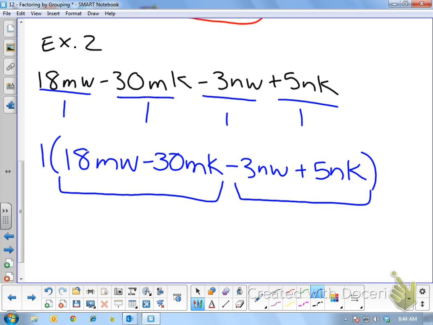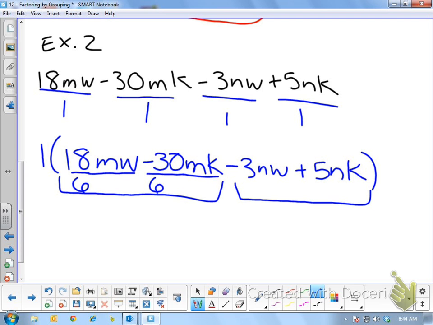So within each group, we're looking at 18 and 30. What divides into both 18 and 30? 6. We could have thought 3, we could have thought 2, and both of those work. But we want the greatest common factor, so we're going to use 6. And then we also have to consider the variables.